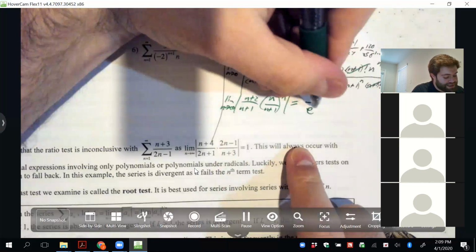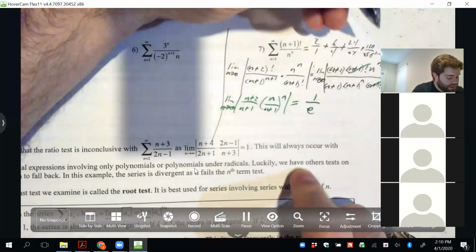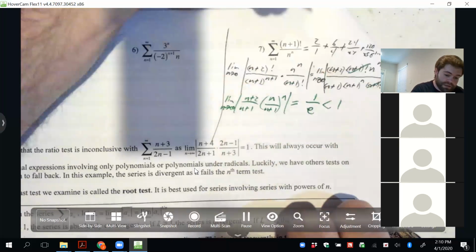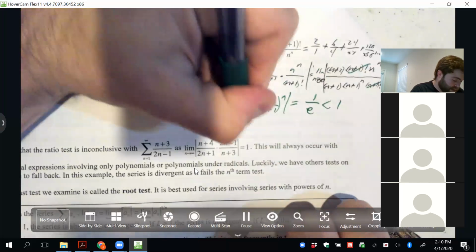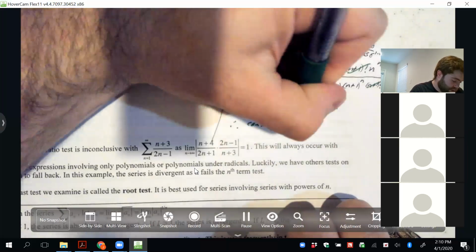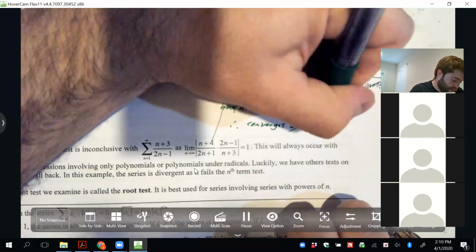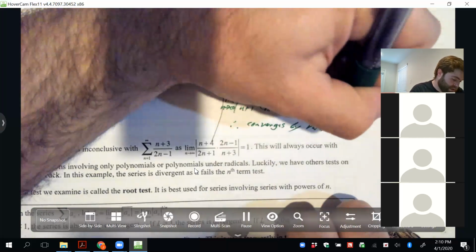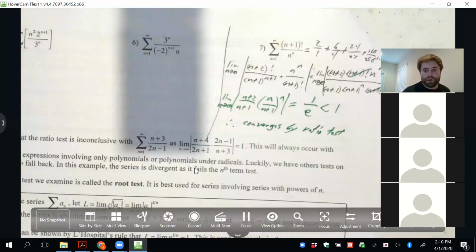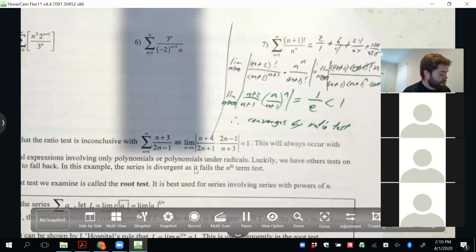Well, e is 2.78-ish repeating, so that number is less than 1. So therefore, it converges by the ratio test. Oops, sorry. Okay, well, that's now the ratio test.